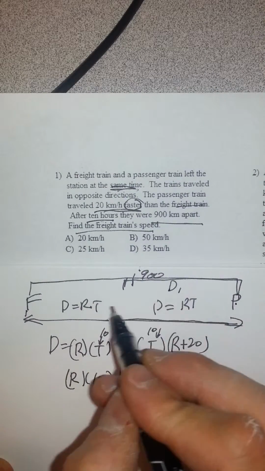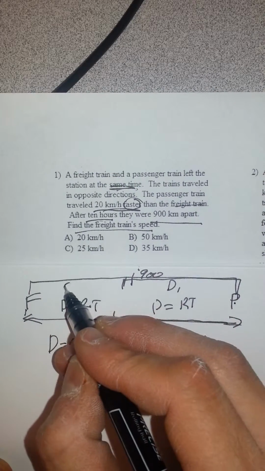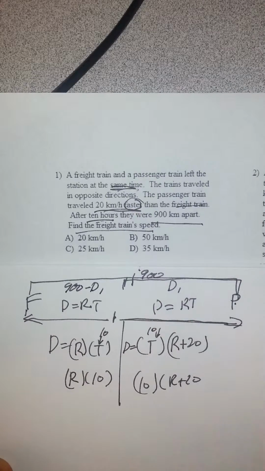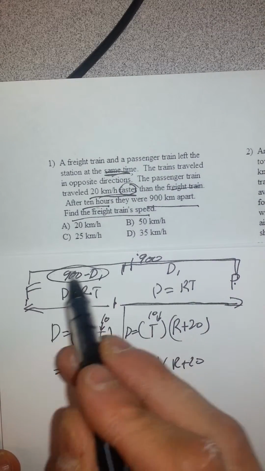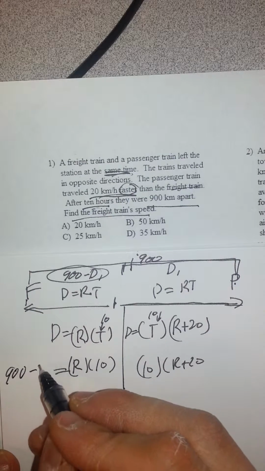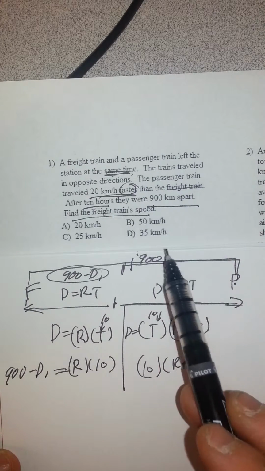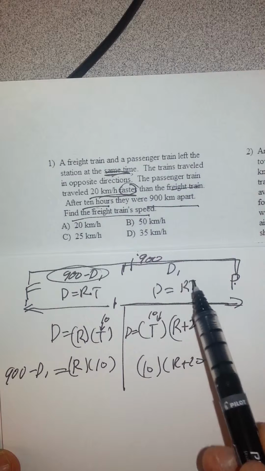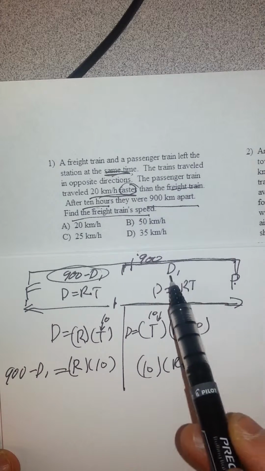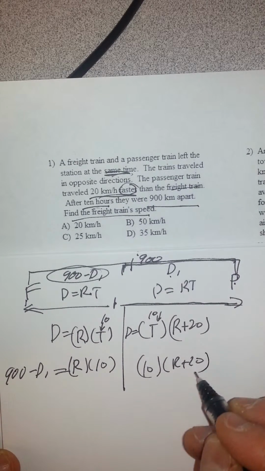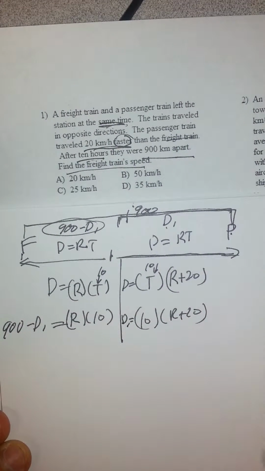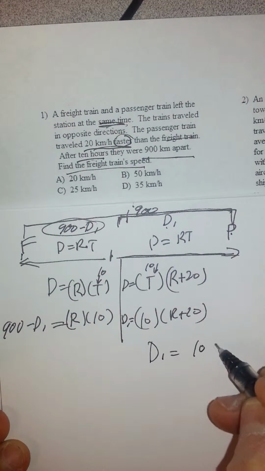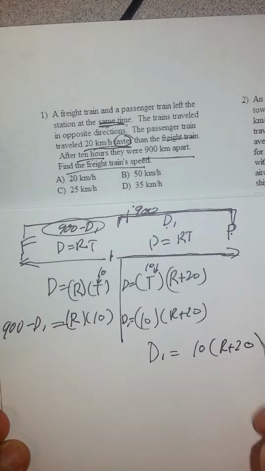Therefore, the remainder of this is 900 minus D1. So this distance here is 900 minus D1, and this distance here, from here to here, is just D1. So then this is equal to D1. We have D1 equals 10 times the quantity of R plus 20.